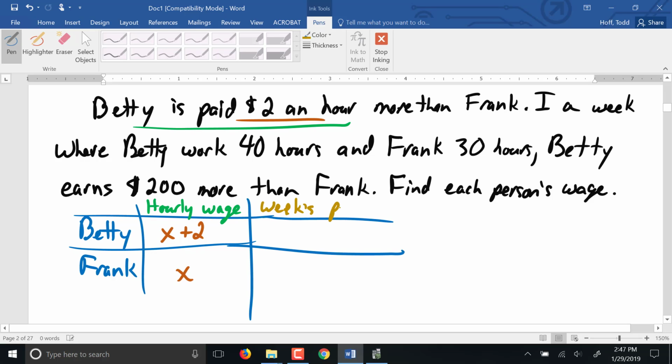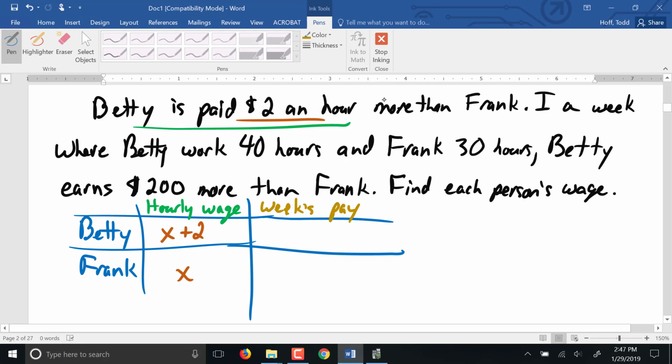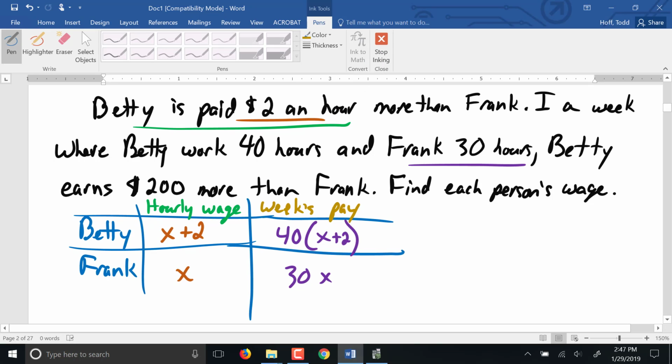Betty worked 40 hours, so Betty will get 40 hours times her rate, X plus 2. And Frank only worked 30 hours, so 30 times X will be Frank's. The relationship here, they don't add up to something, they don't equal each other. Betty's is $200 more.